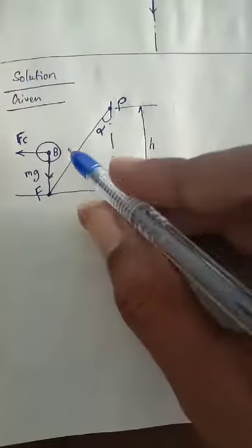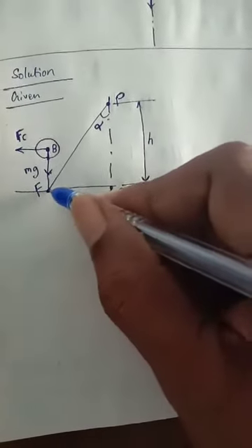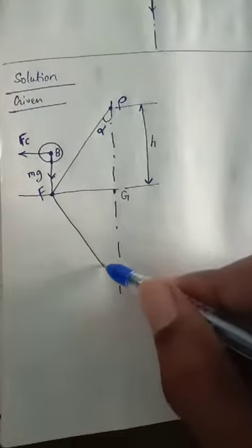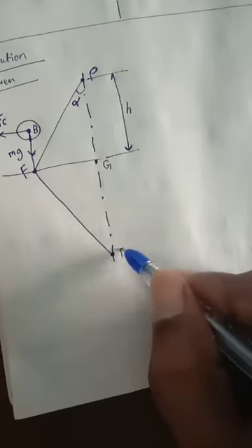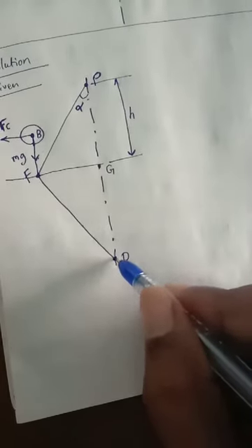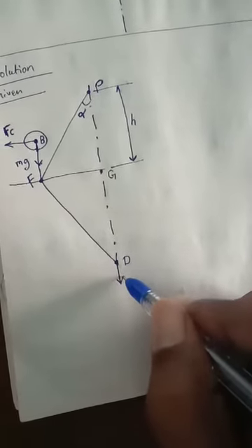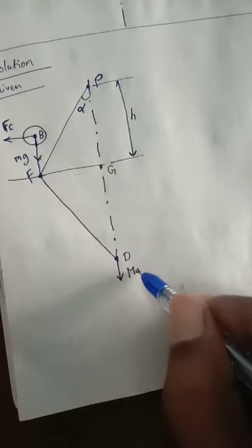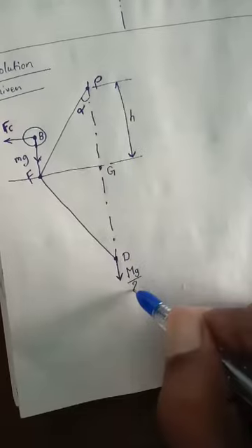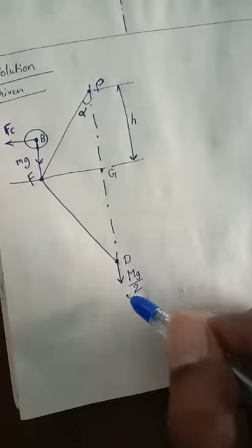Similarly we take another line, called D, and this is capital W by 2, so I directly write capital M into g by 2.